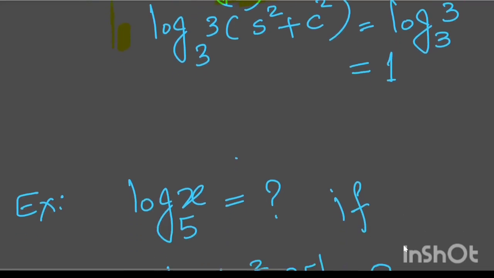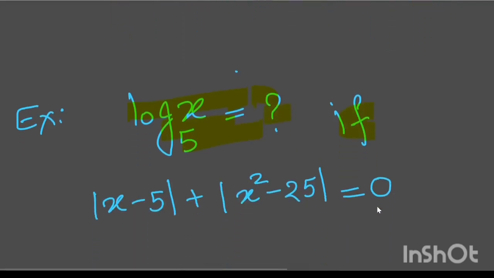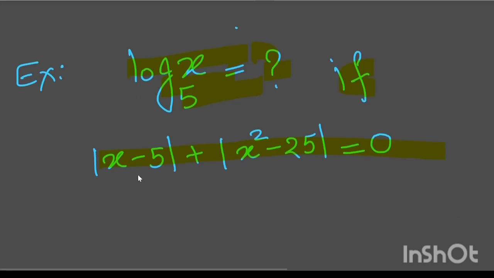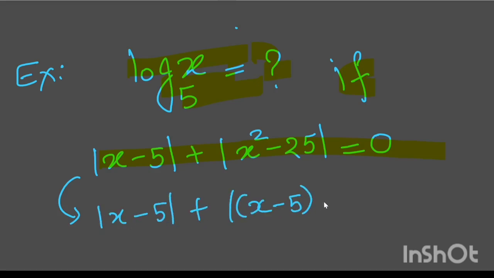So log x base 5 equals to, next question is what? If |x + 5| + |x² − 25| = 0. As you can see, if we solve this modulus equation, factorizing x² − 25, |x − 5| + |x − 5||x + 5| = 0.